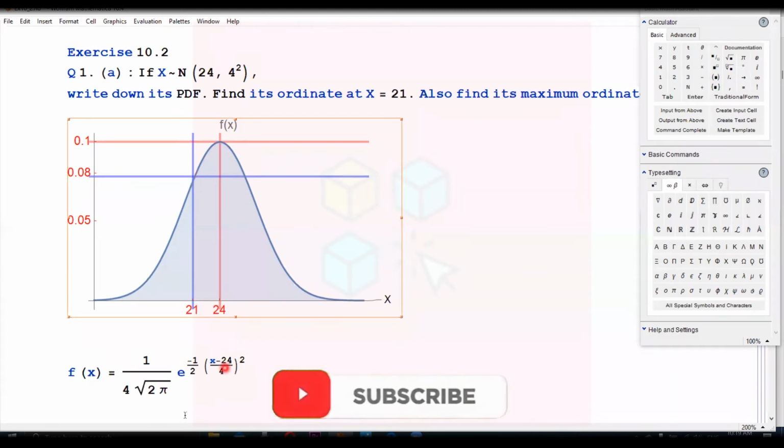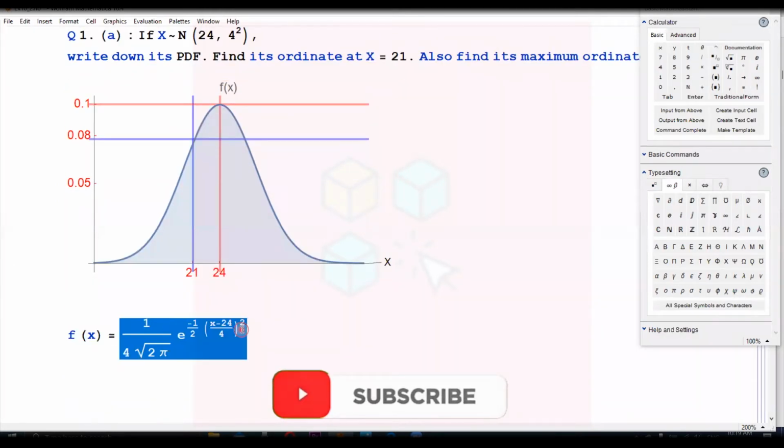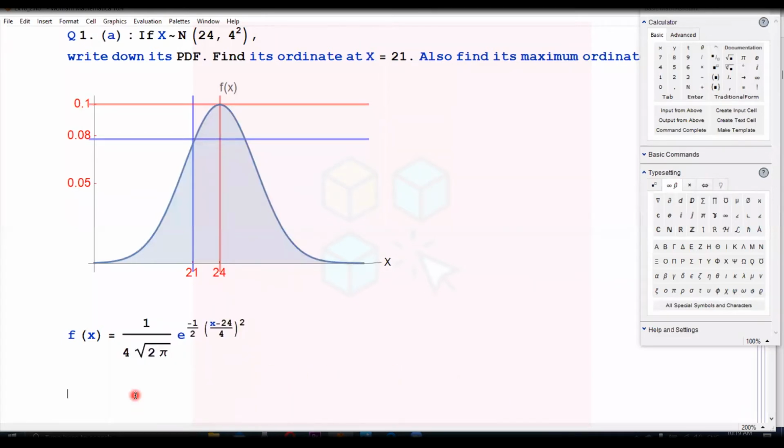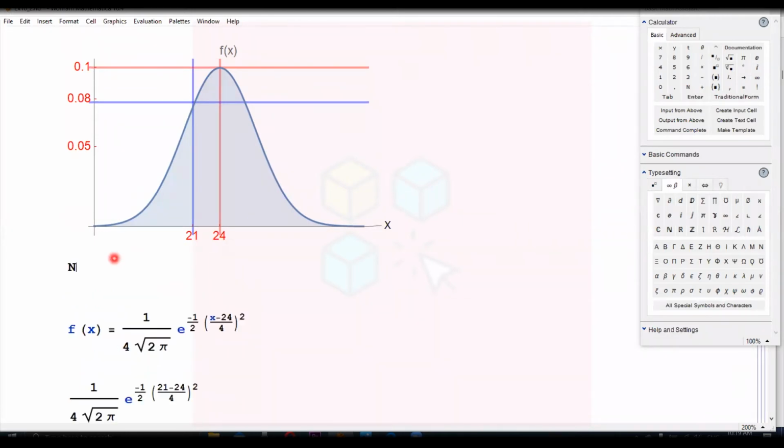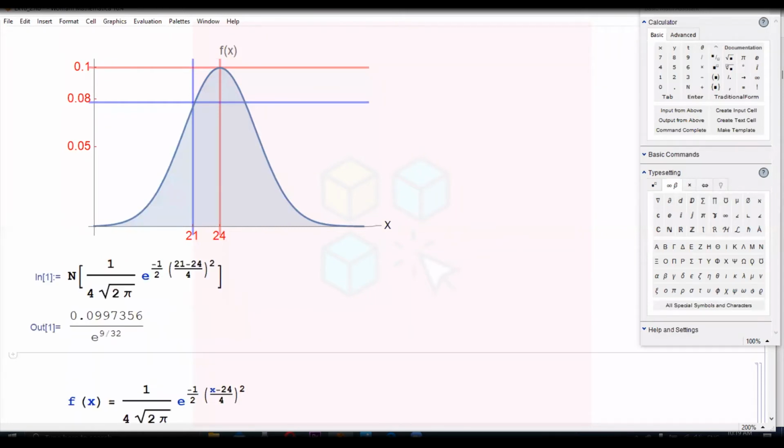So we will find the ordinate at the same point by substituting x as 21. Substitute 21 in the same function. Okay, so we will solve it numerically. E is not to be solved here, so we can write e as an exponent, because either way we can solve it.